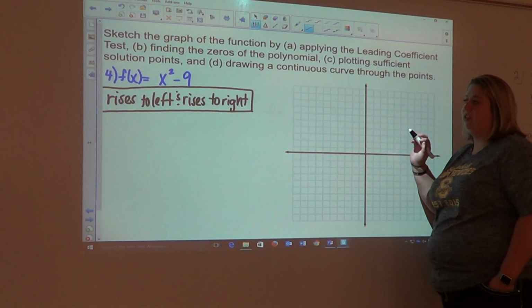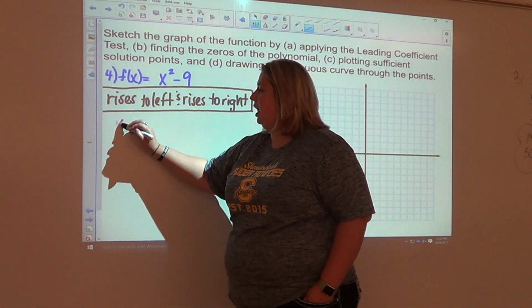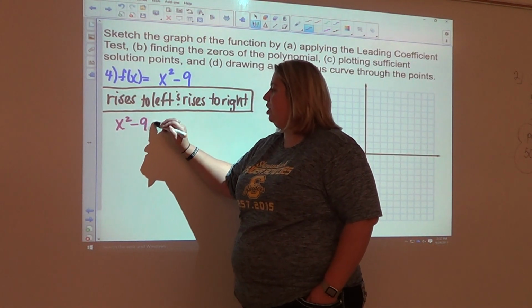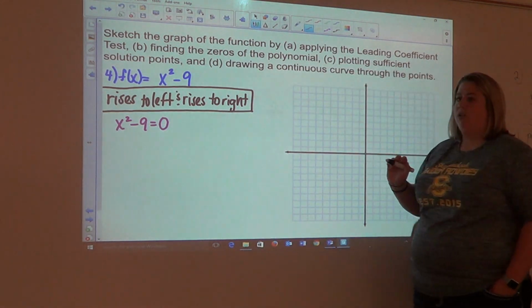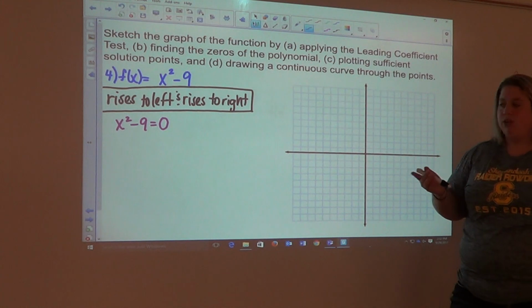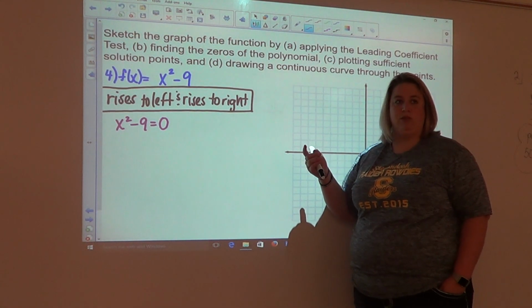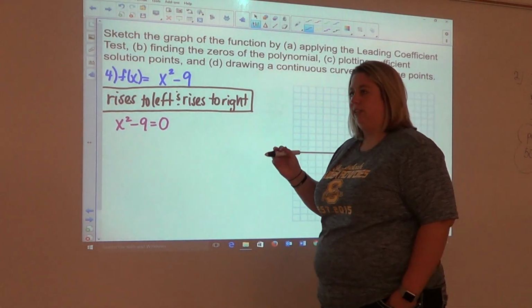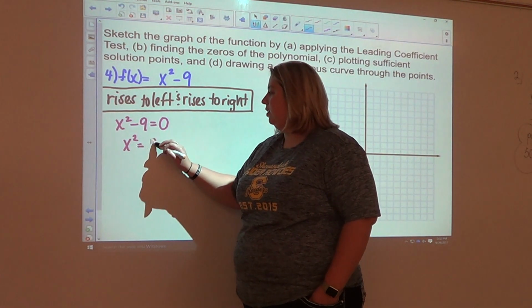Then the second part is finding the zeros. How you find the zeros is you set your function equal to 0 and solve. Most of these will be factoring. You could do this one by square roots if you want to. Do you have a preference, square roots or factoring? Square roots? Okay, so if I did it by square roots, I would add 9.